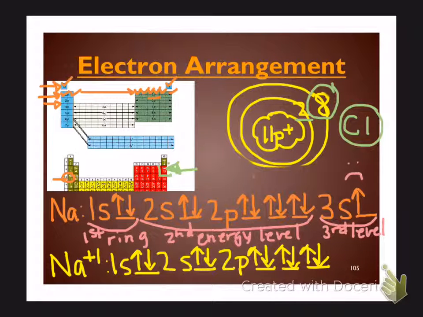So when sodium becomes an ion, it doesn't become neon, but it is dressed in a disguise just as if it were neon. So when an atom forms an ion, it wants to have 8 electrons on its outermost energy level, which is called the valence shell. 8 electrons is a nice set of electrons for atoms, and that helps to make ions stable.